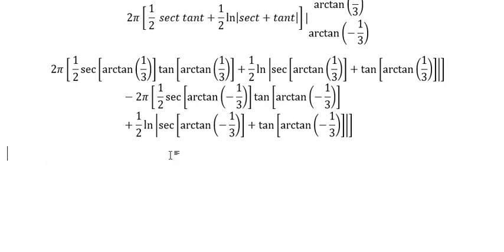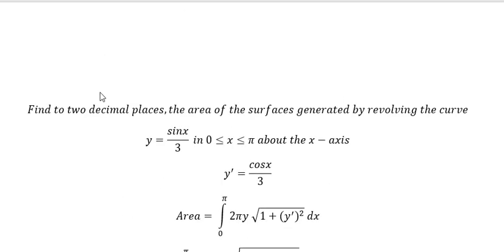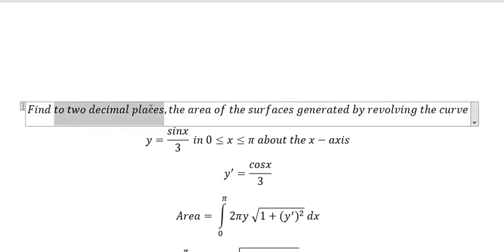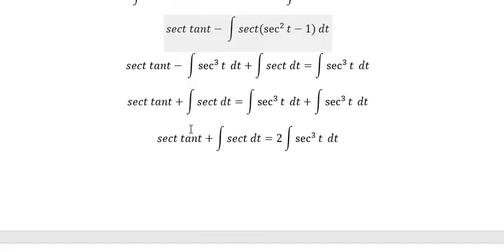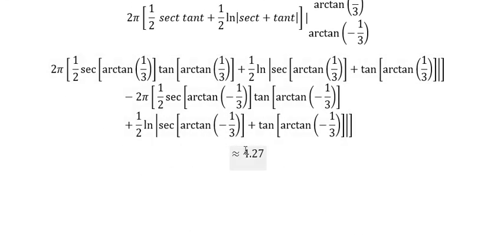We calculate this one, and this is approximately 4.27, because the question just said 2 decimal places. So this is the final answer.